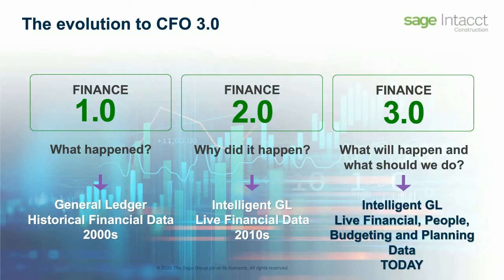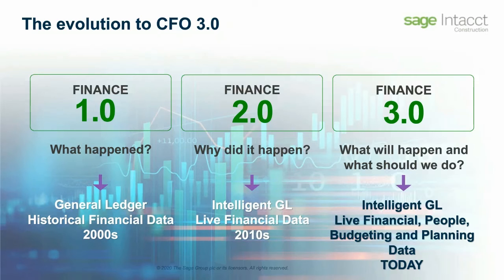Really what we've been seeing is a transition from being focused on a historical point of view, making sure that books were captured and closed accurately, providing an accurate view of what has happened, as well as being compliant with any kind of audit requirements.